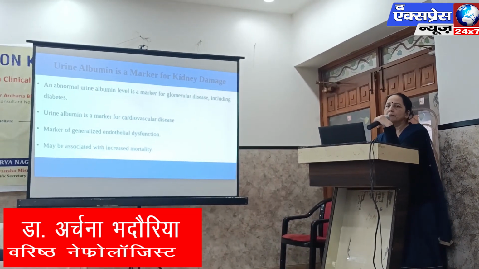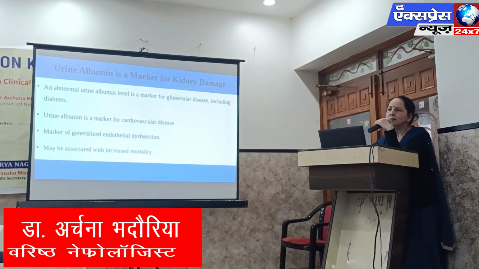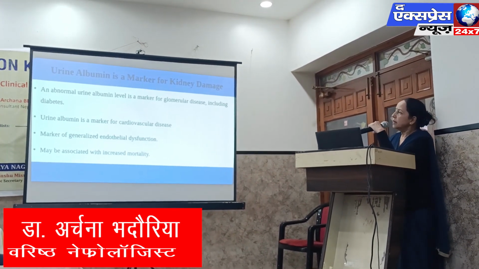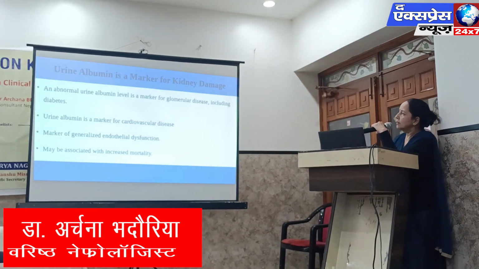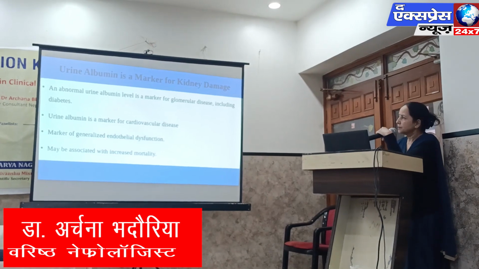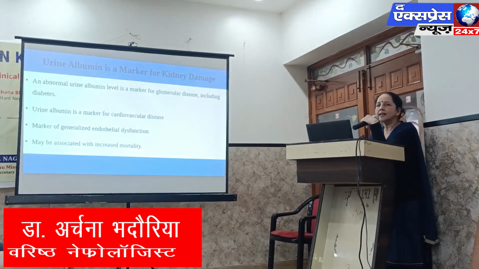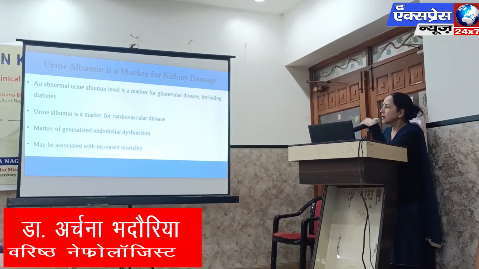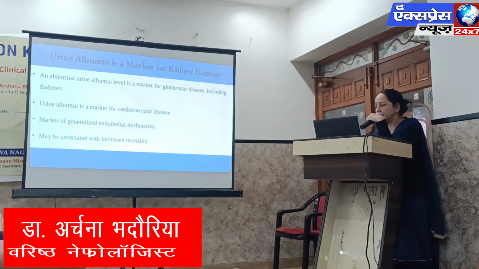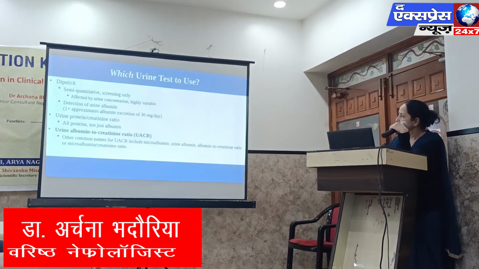Whenever the basement membrane's integrity is breached, albumin starts appearing in the urine. And abnormal urine albumin level is a marker for glomerular disease, including diabetes. It is a marker of generalized endothelial dysfunction, and it is associated with increased mortality independently.